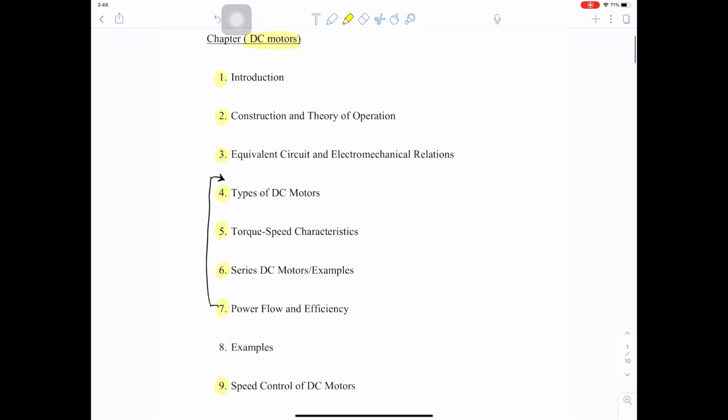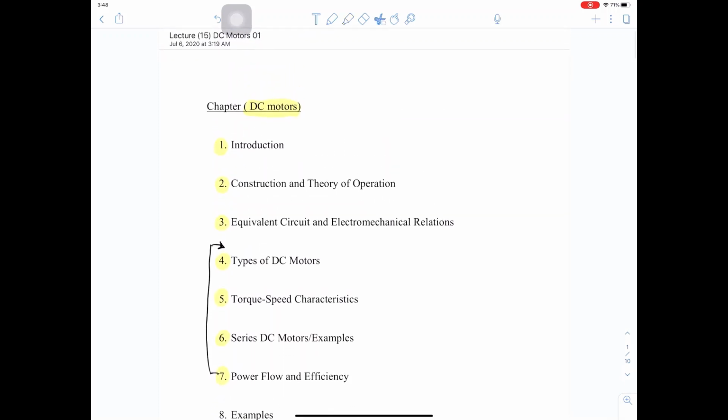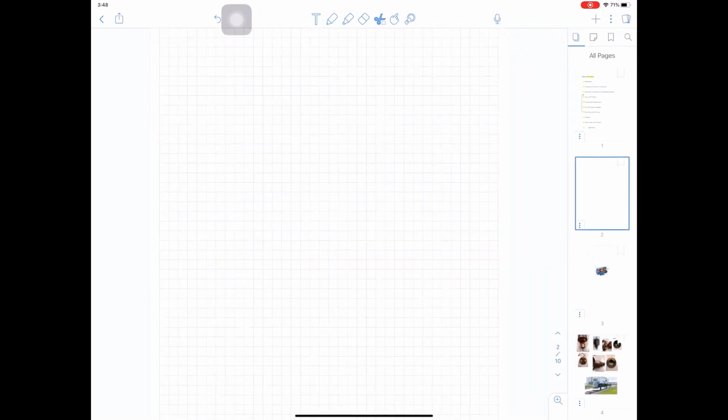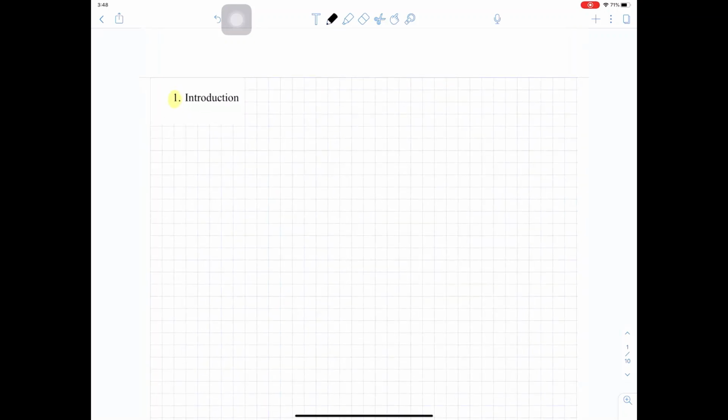So these are the topics that we are going to cover in DC machines. So let's start by an introduction to give you an idea about DC machines. In this introduction, we need to learn two actions.